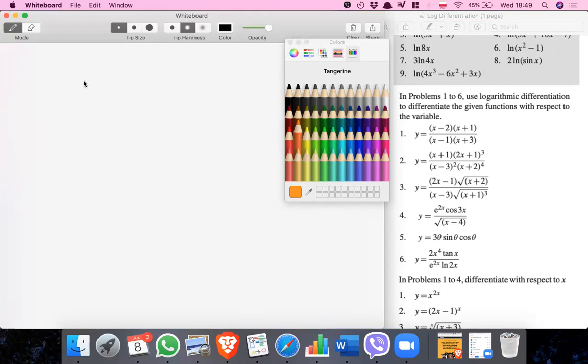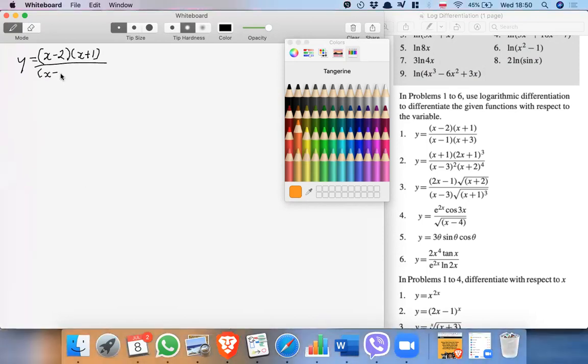So for the first example, we have y equals x minus 2, x plus 1, and all that over x minus 1 by x plus 3.